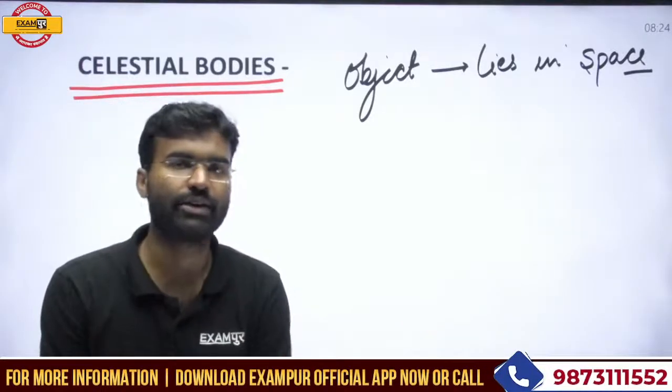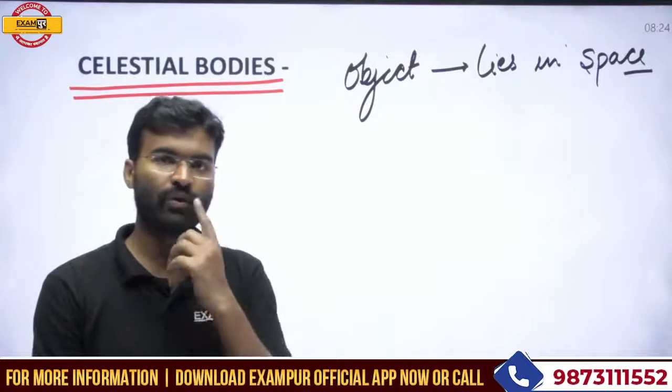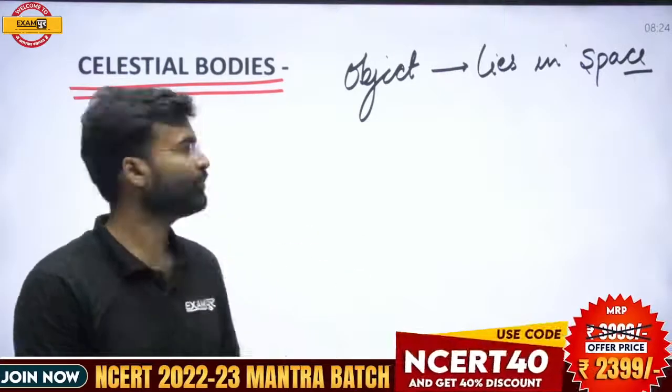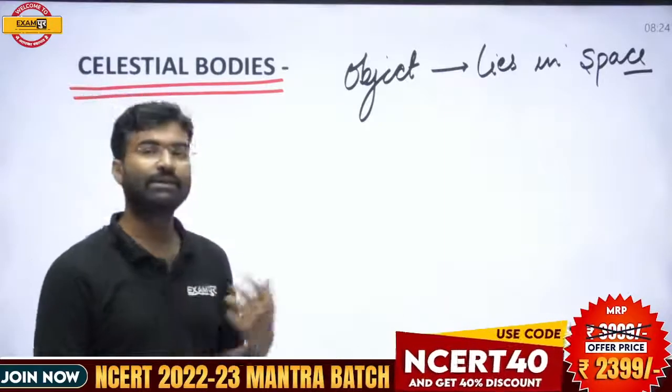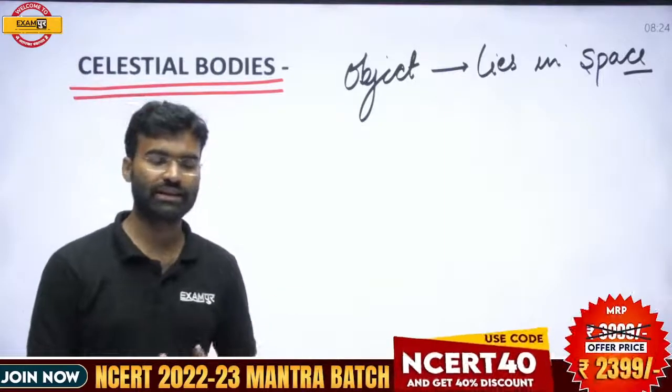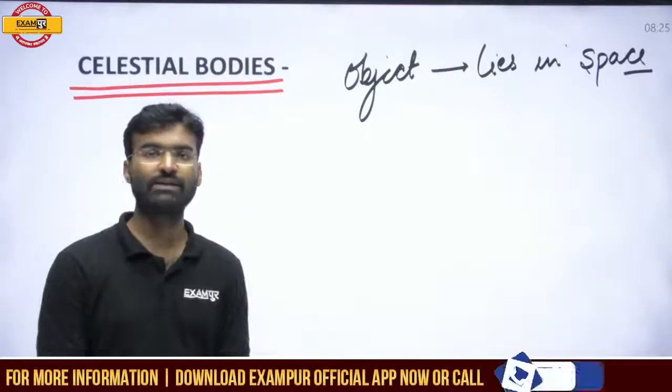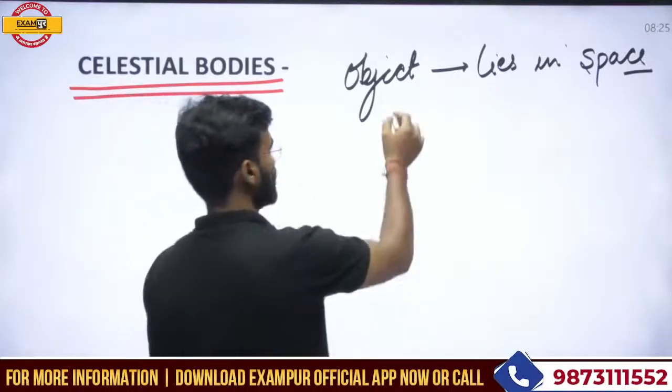What is space? I think you have a concept of space. So what is a celestial object? The objects that are located in space are celestial objects, if they are found naturally.